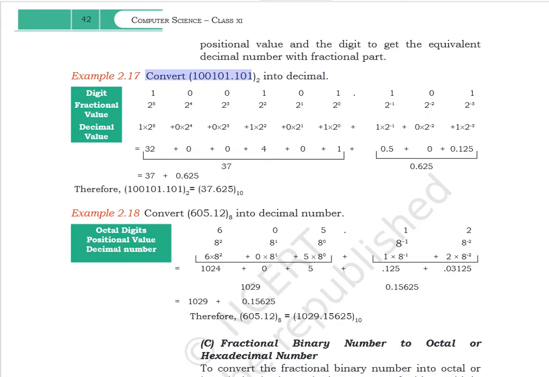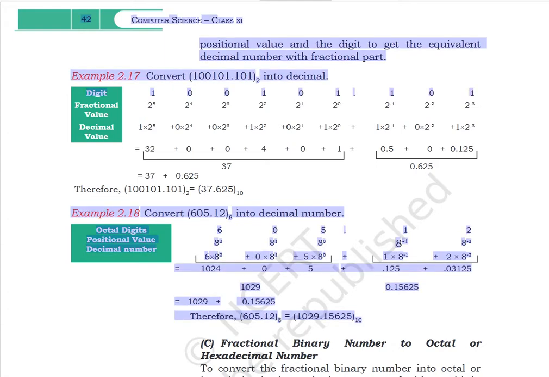So write down the digits here, and here is the point, and here is the fractional part 101.